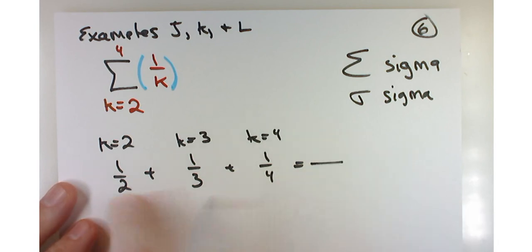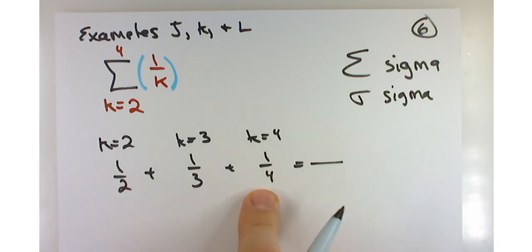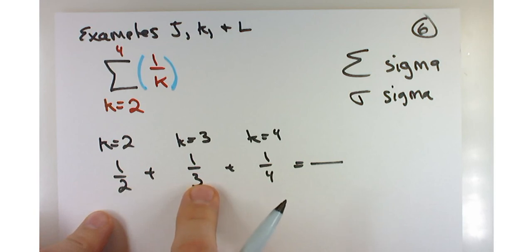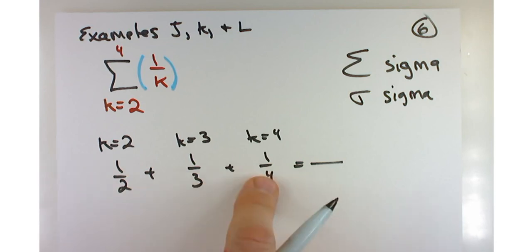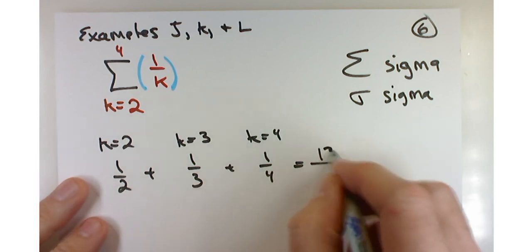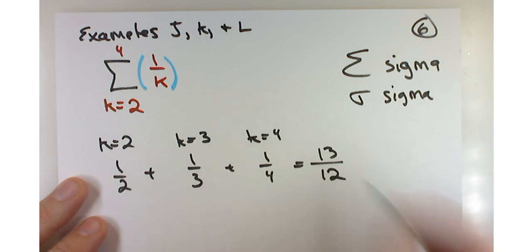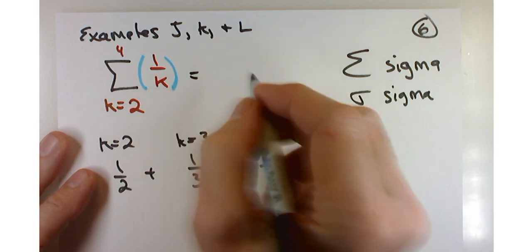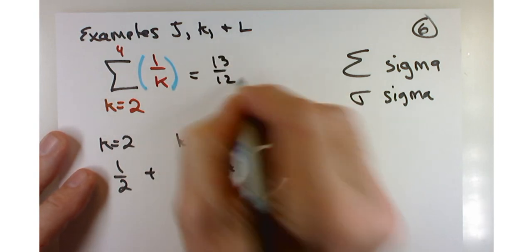So if you turn these all into something over a denominator of 12, you'll get 6 plus 4 plus 3, you'll end up with 13 over 12. And that's what this is equal to, 13 over 12.